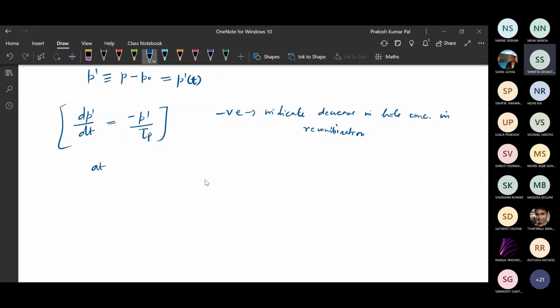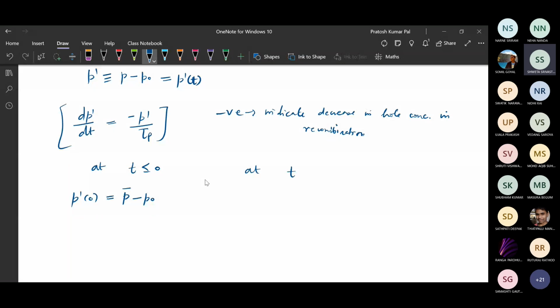At t equal to 0, p dash 0 will be whatever maximum value has been reached minus the p naught initial value. This is the case for t greater than or equal to 0.